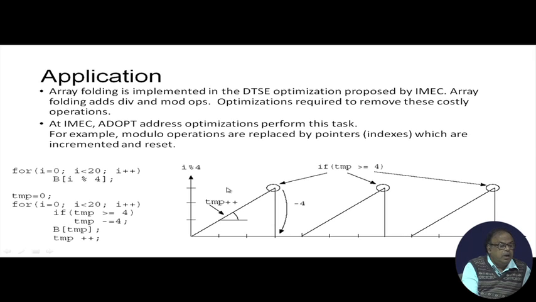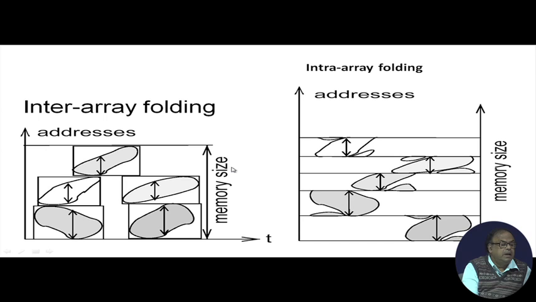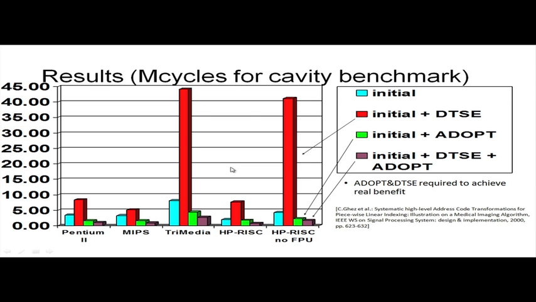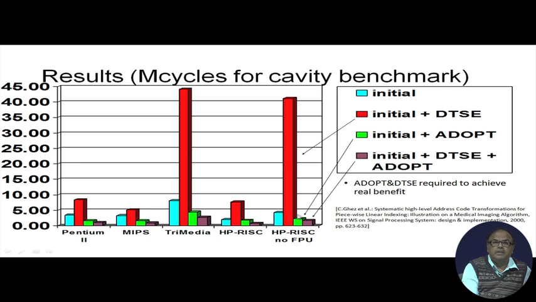What we have done is we are playing with the indices, and by that you can see that is a typical result, that using these two optimizations of layout, we could reduce the number of cycles of a particular benchmark to a large extent. Okay. So, that is just an example.